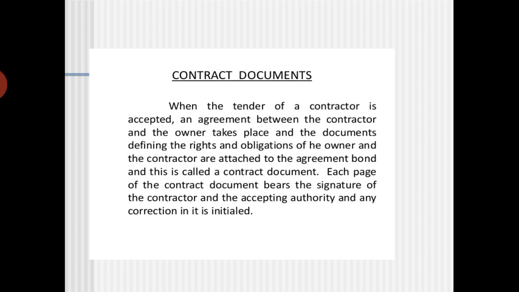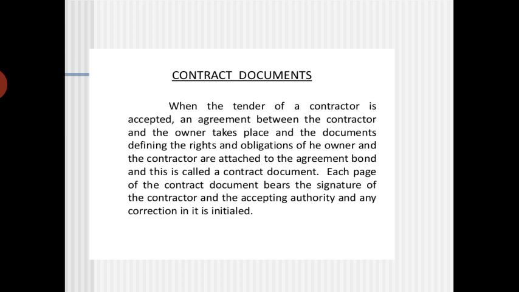This contract document is going to happen between the owner and the contractor. So how are we going to conduct it? What are the strategies when you are going to complete it? Suppose I am not going to complete this work within the time, then you have to give this much security deposit, or the money cannot be fully sanctioned.